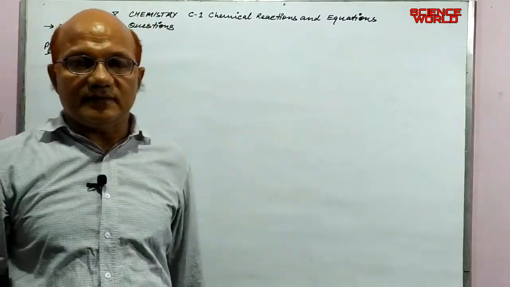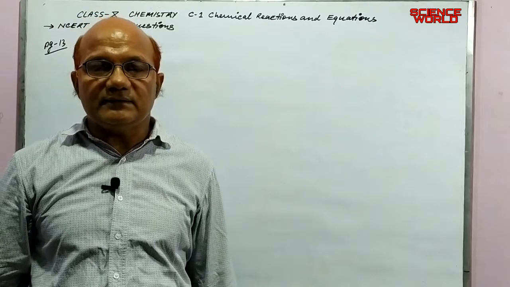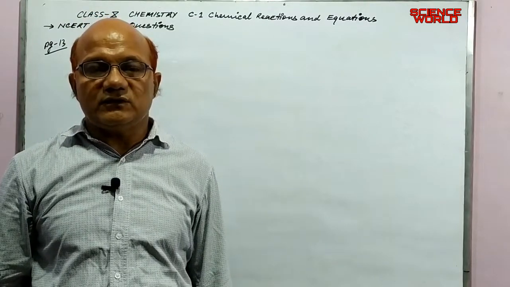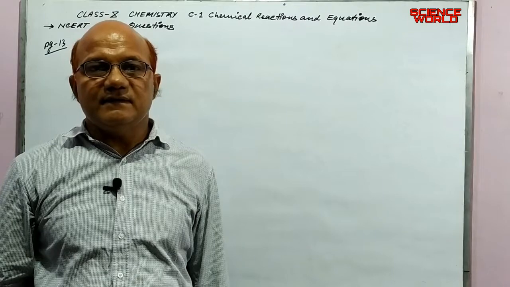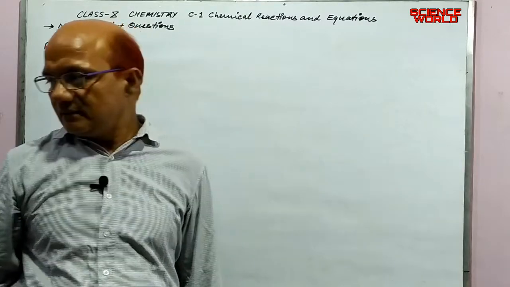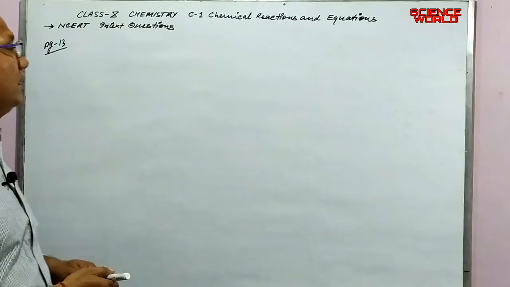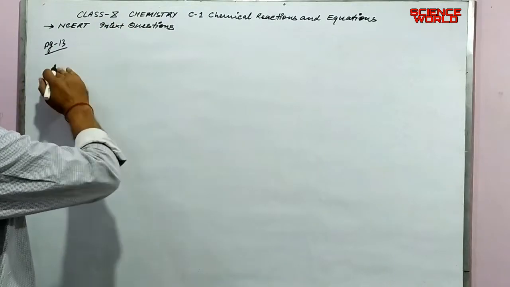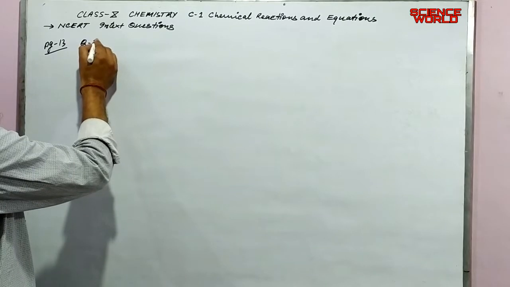Now, next question is, identify the substances that are oxidized and the substances that are reduced in the following reactions. This is question number 3.